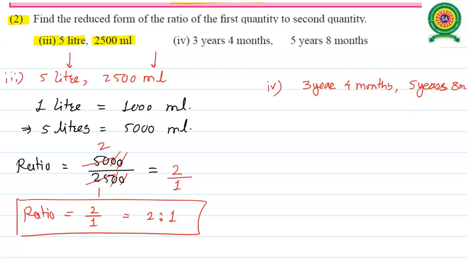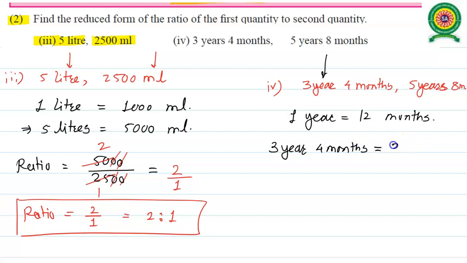So we have to convert them either into months or into years. We know 1 year equals 12 months, so 3 years becomes 12 threes, which is 36 months. So 3 years and 4 months is 36 months plus 4, which is 40 months overall.